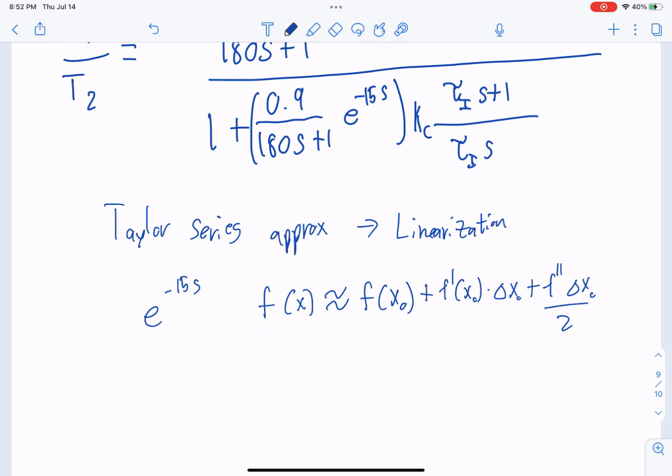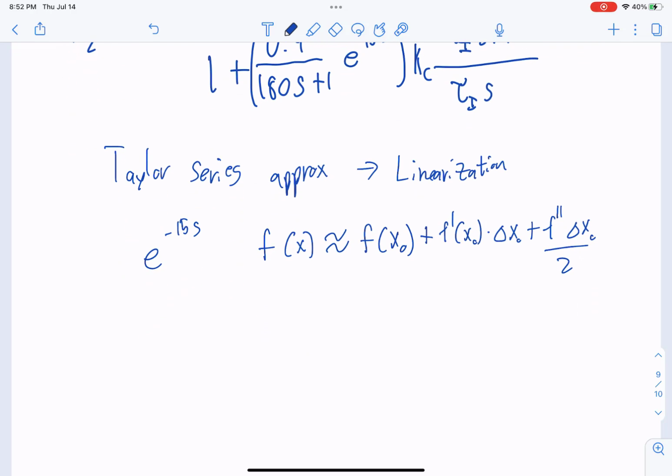So e to the negative 15, if we think about it, and we'll center it around the x. Let's just think about e to the x first real quick. That's going to be e to the x centered around 0. That's going to be equal to 1 plus the derivative of e to the x, which is x. So let's just focus on that.